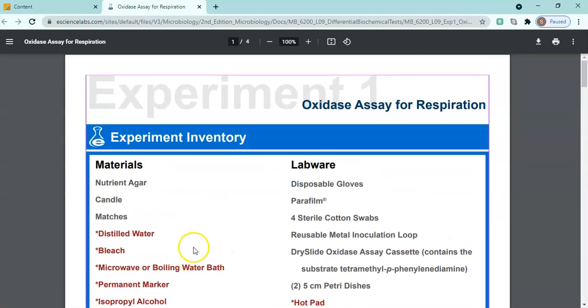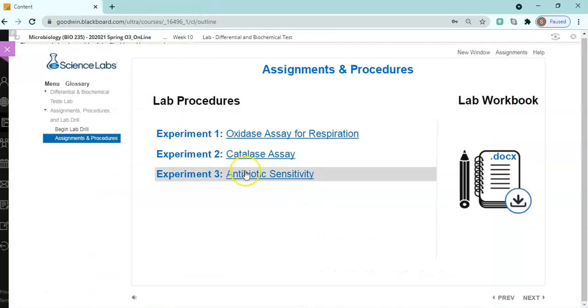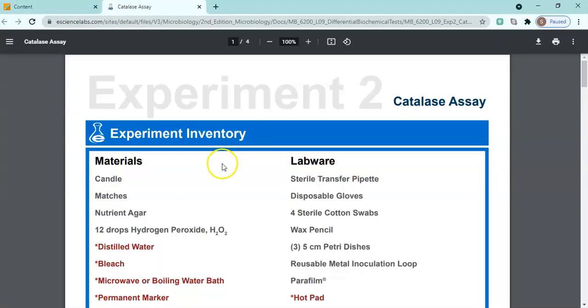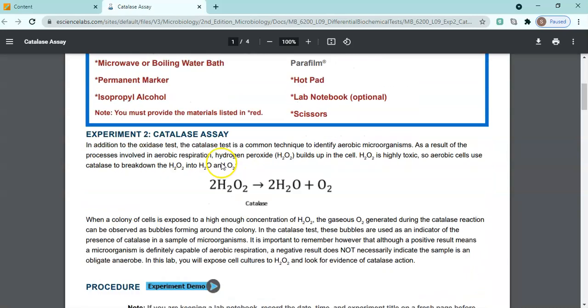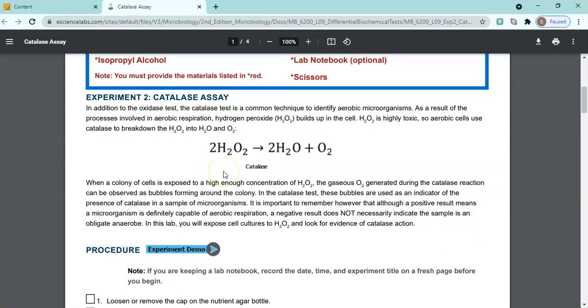So knowing the science behind the labs is as important as understanding the specific types of media and things like that. We also did the catalase assay, which was looking specifically for the catalase enzyme, which allowed bacteria to decompose hydrogen peroxide, which is highly toxic, into things like water and oxygen. And we knew that bubbles that were generated were a positive result and demonstrated the presence of catalase.